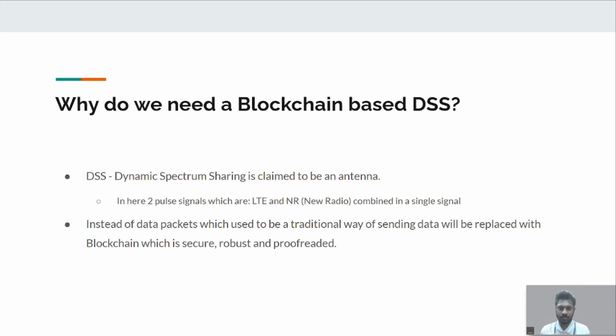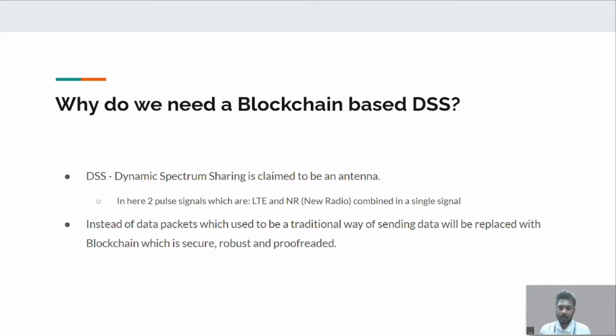The data will be stored in a block, and that block will be transmitted, and a collection of blocks will form a blockchain where the proof of the future block will be present in the current newly generated block.